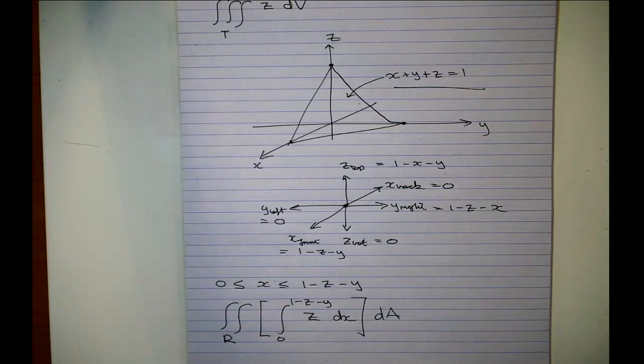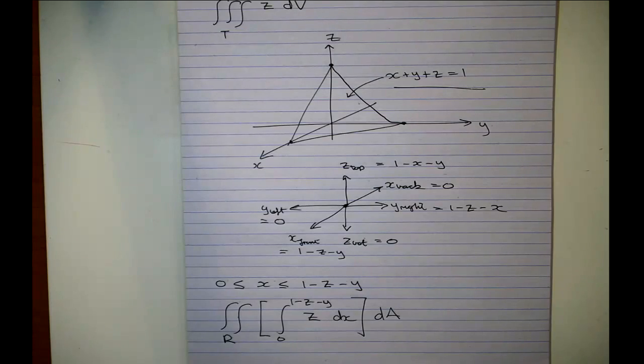But now I've got to figure out what this region R looks like. If I'm integrating with respect to x first, I want to squash this into the page. What does its projection look like in the YZ plane? Hopefully you can see it's a triangle.